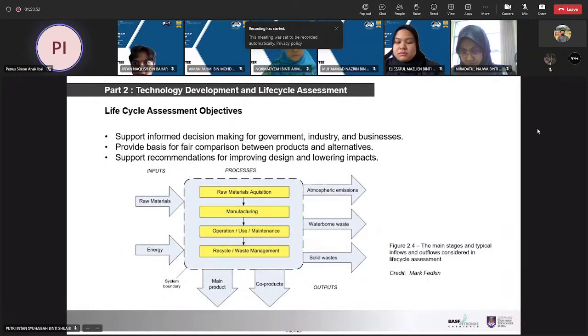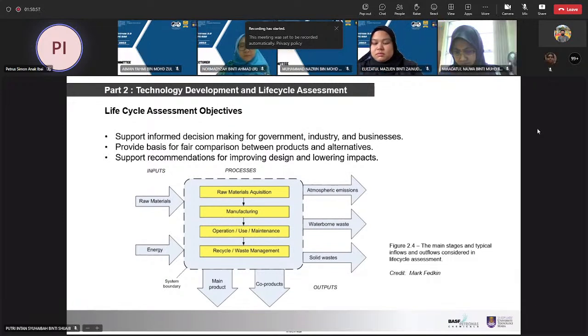So this diagram is basically based around a box-shaped system that includes the 4 processes and is surrounded by a system boundary. You can see the highlighted 4 stages as the raw material acquisition, the manufacturing, the operations, use, maintenance, recycle, and waste management. So the system inputs are shown as arrows on the left outside the system boundary.